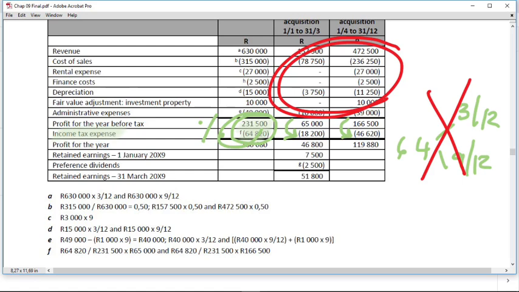So therefore, you apply the effective tax rate to the adjusted profit before tax to calculate the related income tax expense. This happens down here in calculation F. This 64,820 over 231,500, that is every time your effective tax rate that you then apply to the adjusted profit before tax amounts.